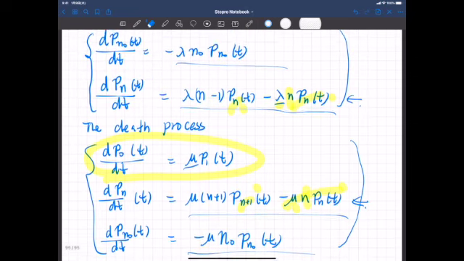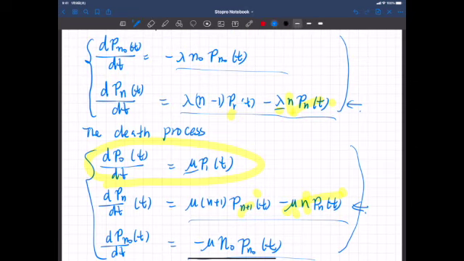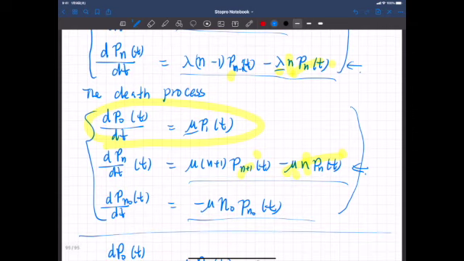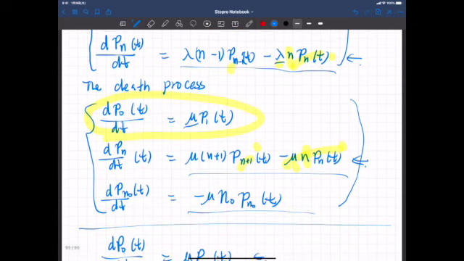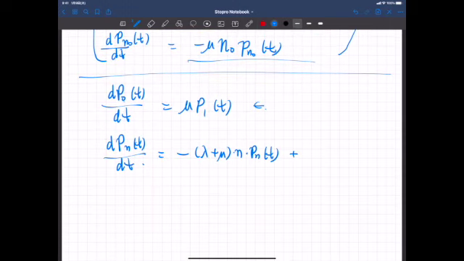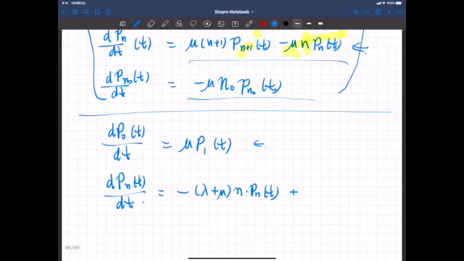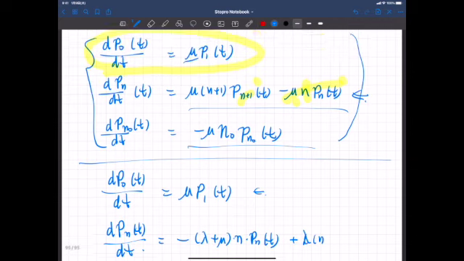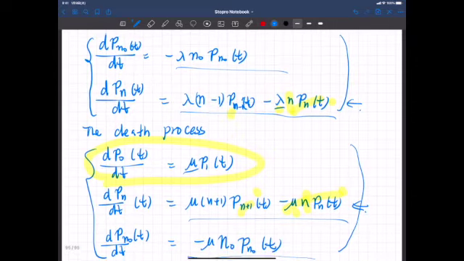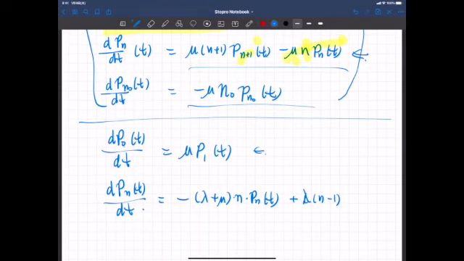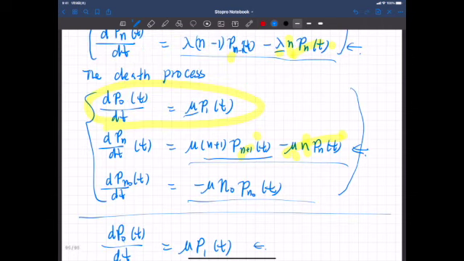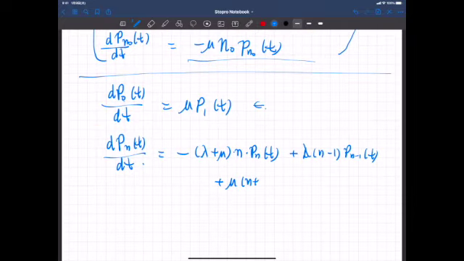And the term involving n minus 1 is plus lambda times n minus 1 times Pn minus 1 of t, and the term involving n plus 1 is mu times n plus 1 times Pn plus 1 of t.